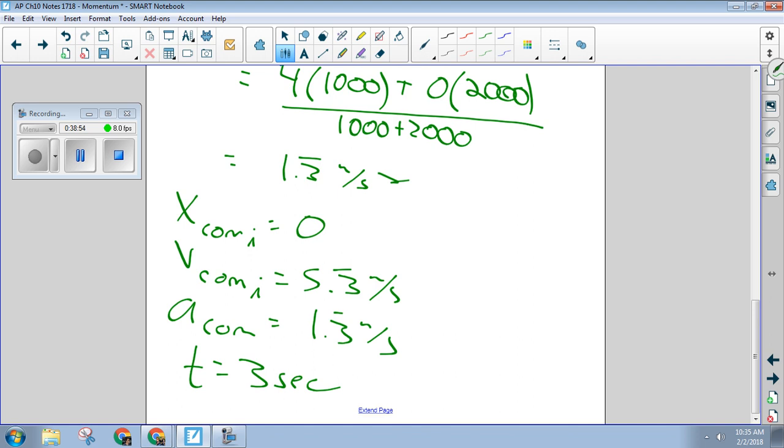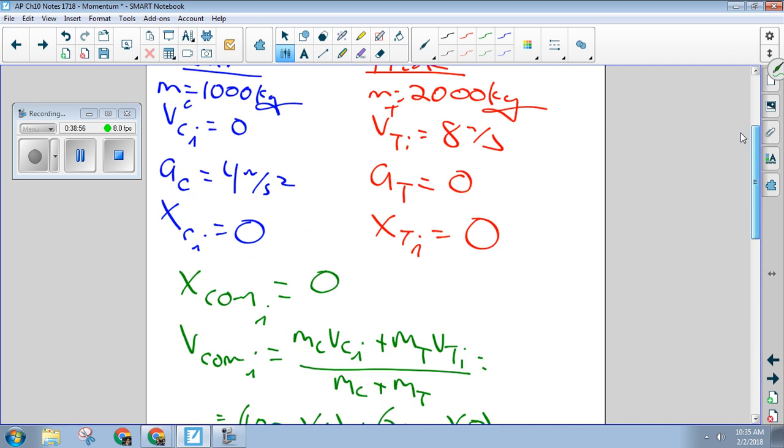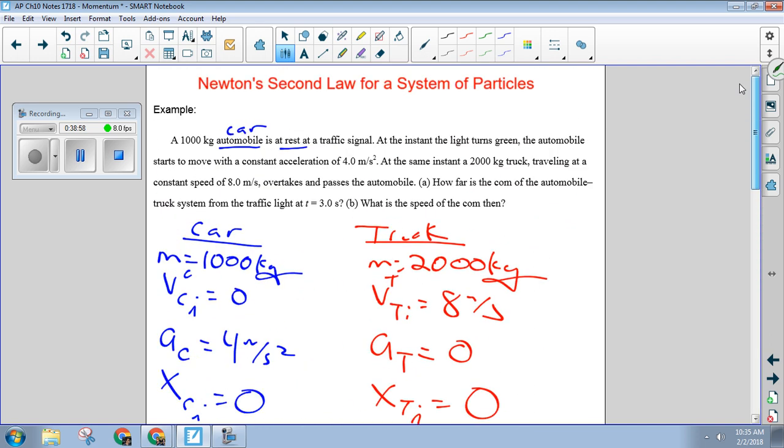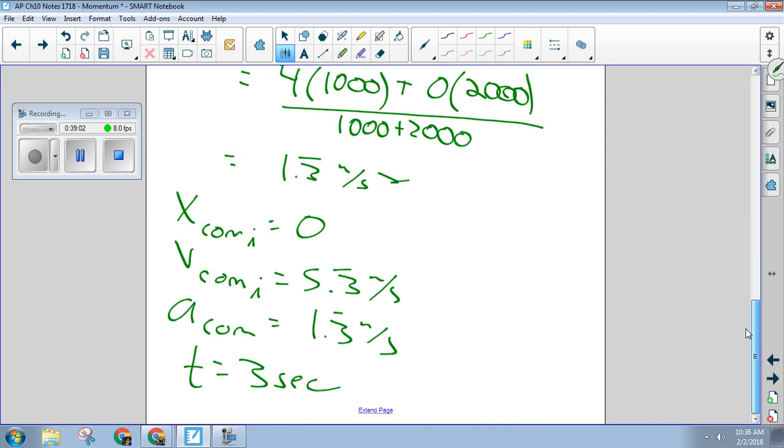Okay, so what was question A? How far is the center of mass? So how far does it move? So what am I looking for in English? Displacement. So displacement is 1/2 AT squared plus VIT. And plug in your numbers. So what are we going to get?